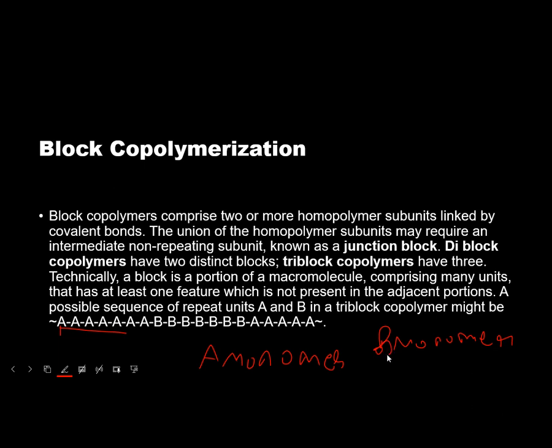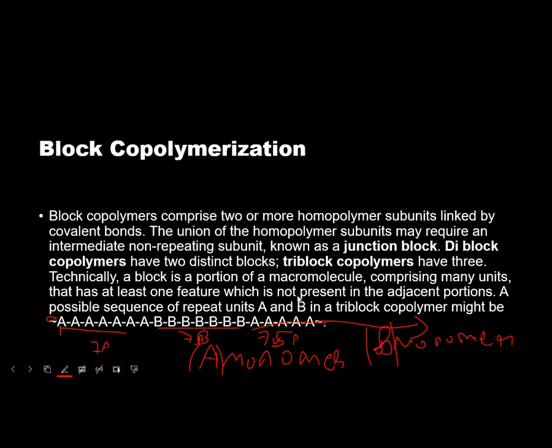So over here, one, two, three, four, five, six, seven A monomers linked, and B also seven monomers, and again over here five A monomers, and this symbol represents that they will go on. It's a repeating chain which consists of A and B.